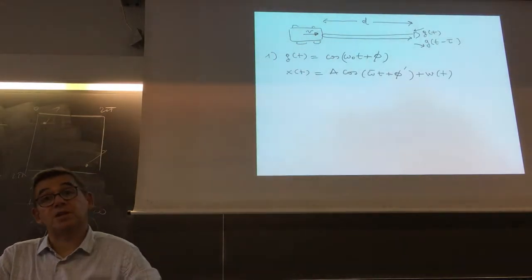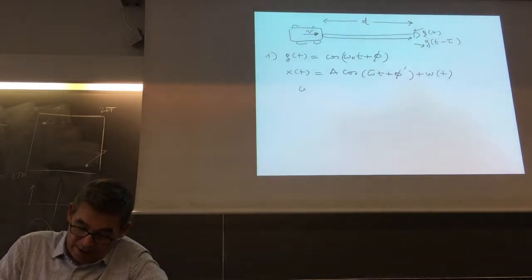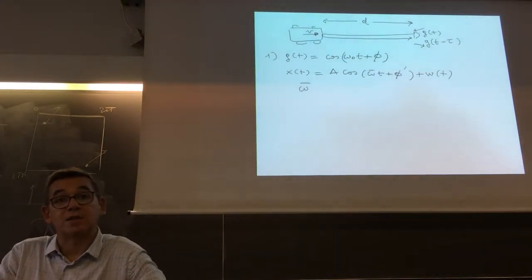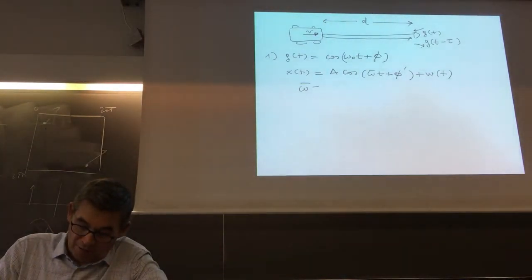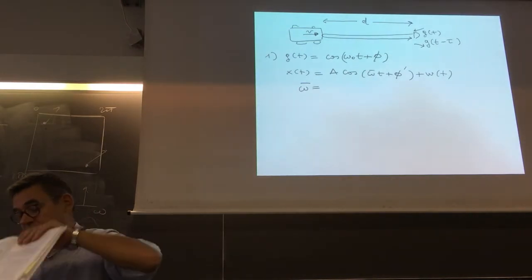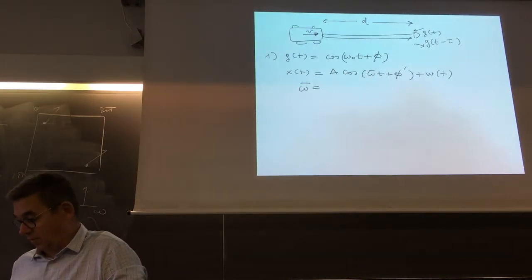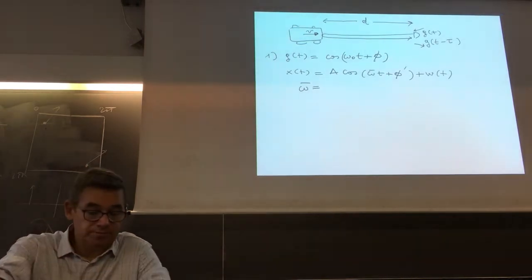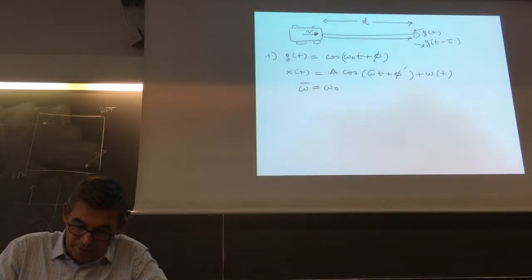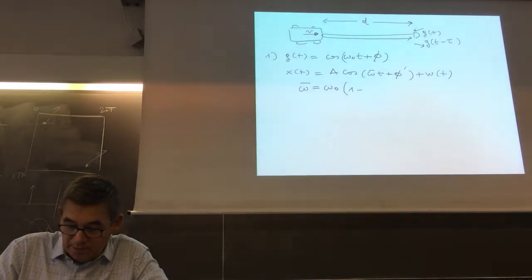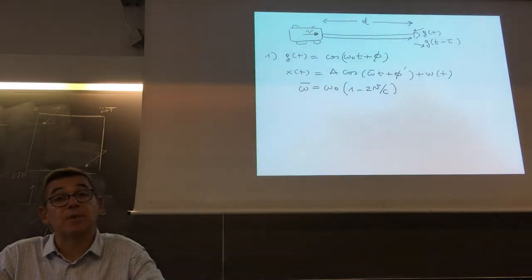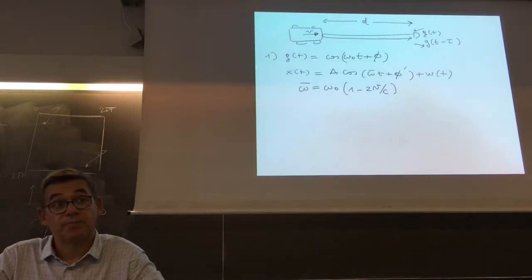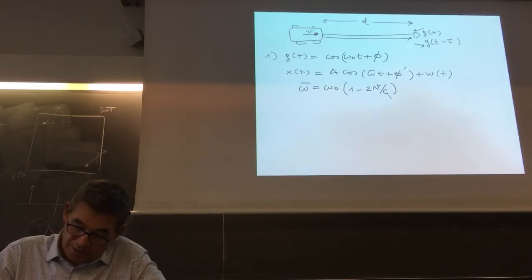Okay? So what I measure is omega hat, which is different from omega 0 because of the so-called Doppler effect. So omega hat is equal to, now I get the formula because I don't want to reinvent it again, omega 0 multiplied by 1 minus 2 times the speed of the vehicle divided by c. c is the propagation speed of the electromagnetic wave.